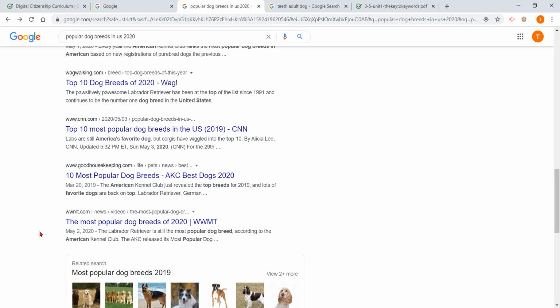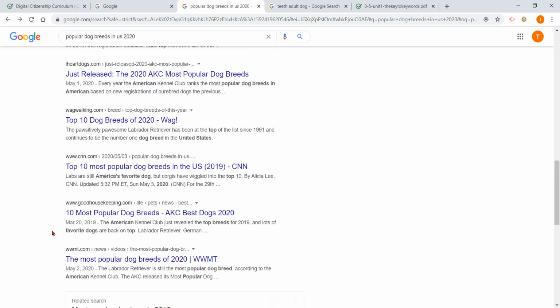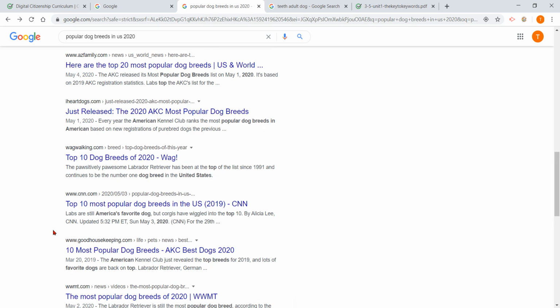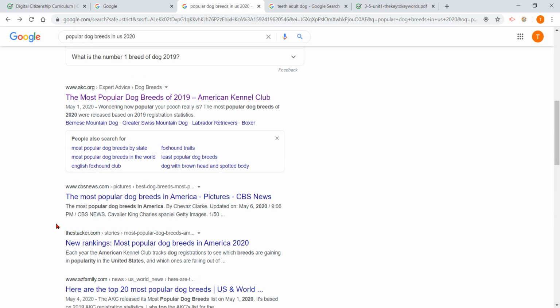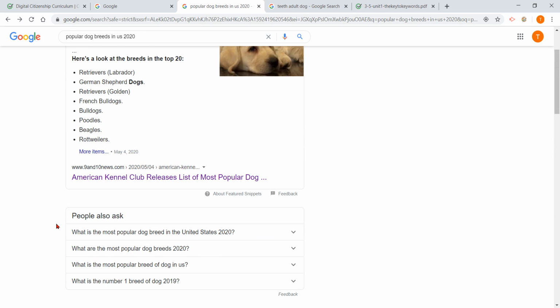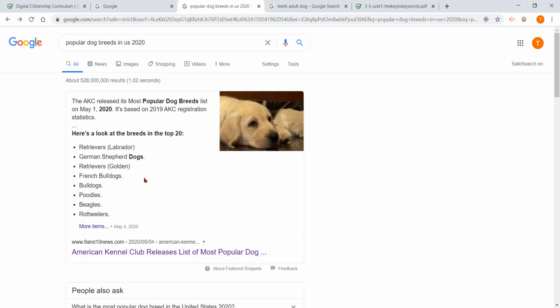I don't know what the WMT is, but again, they're citing the American Kennel Club. So the American Kennel Club was used by these other sites to give that information. So I would say that the American Kennel Club was probably pretty accurate with the most popular breeds based on the 2019 registration statistics.